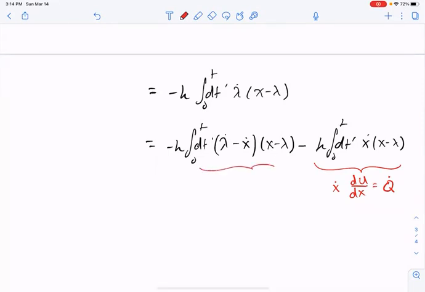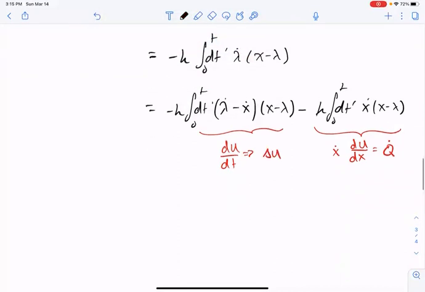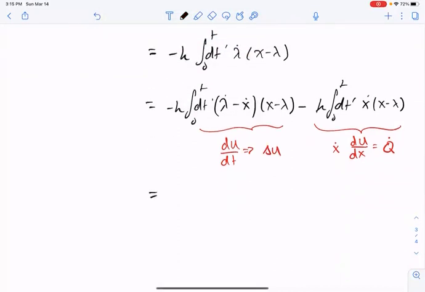Here, we have a total time derivative of u, including both the time derivatives from lambda and from x. Integrating that over time gives us the total change in potential. And so indeed we now see a microscopic realization of the first law, that the work is the change in the energy less the heat.